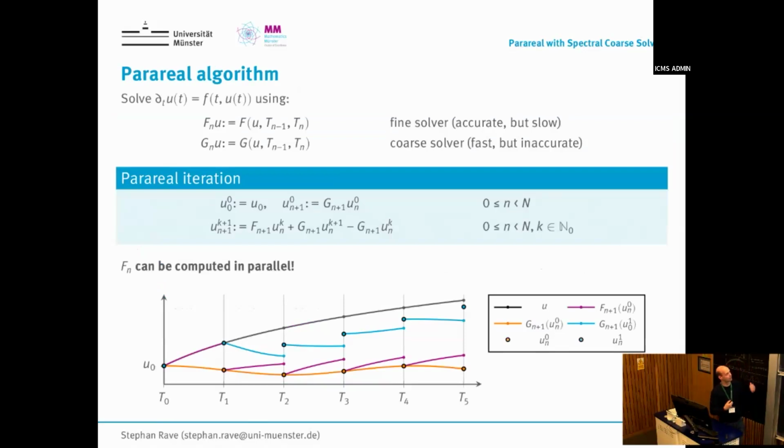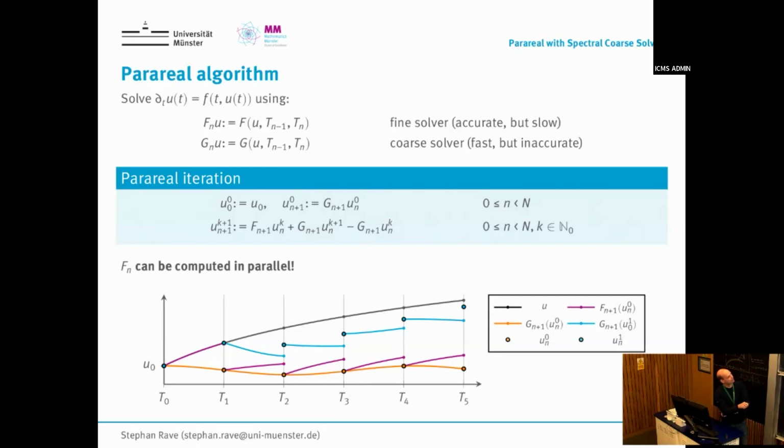So the fine solver is what we would call in model order reduction the truth solution. It's good enough for us at least. And then I have my coarse solver. So Fn is the evaluation of the fine solver at time n, and Gn the coarse solver. And here is my standard Parareal update formula.